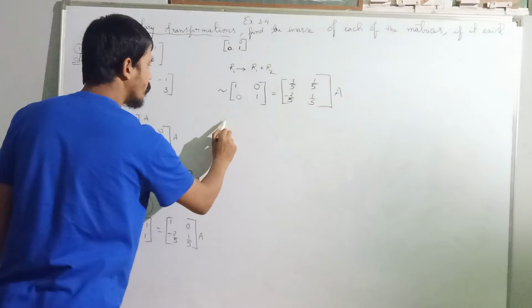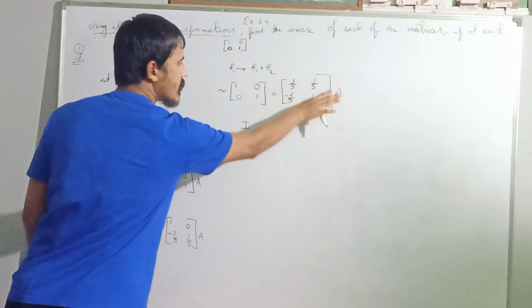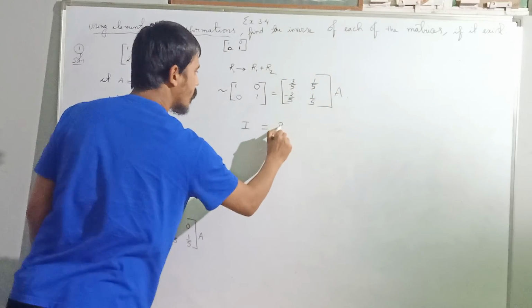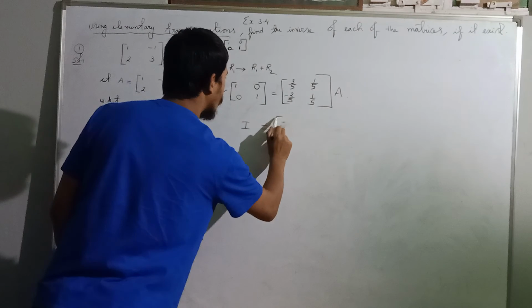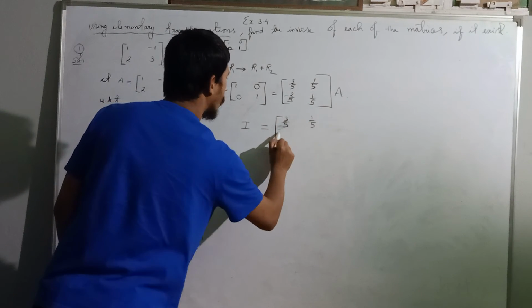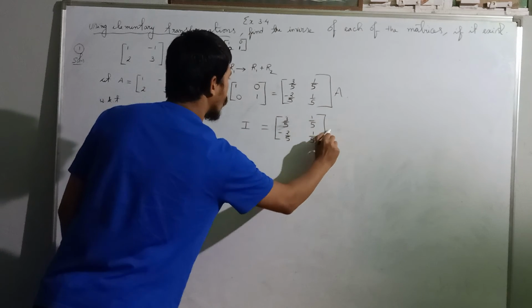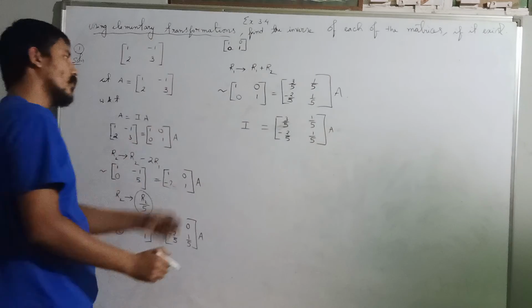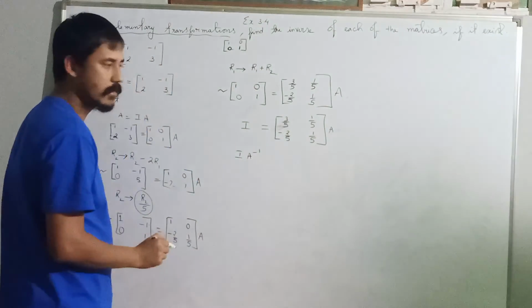So this is now your identity matrix, which is equal to, this is any matrix here. Let me write B. And if you don't like B, then 3 by 5, 1 by 5, minus 2 by 5, 1 by 5 with A. So A can be transposed to the left side as A inverse.